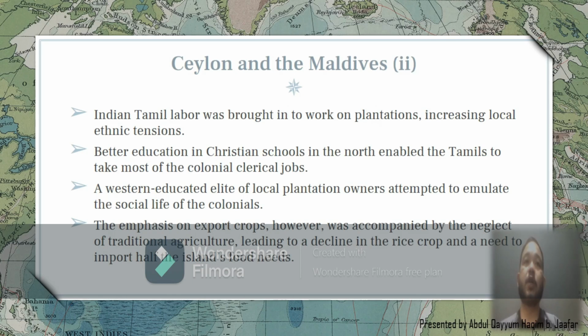A Western-educated elite of local plantation owners attempted to emulate the social life of the colonials. The emphasis on export crops, however, was accompanied by the neglect of traditional agriculture, leading to a decline in the rice crop and a need to import half the island's food needs.